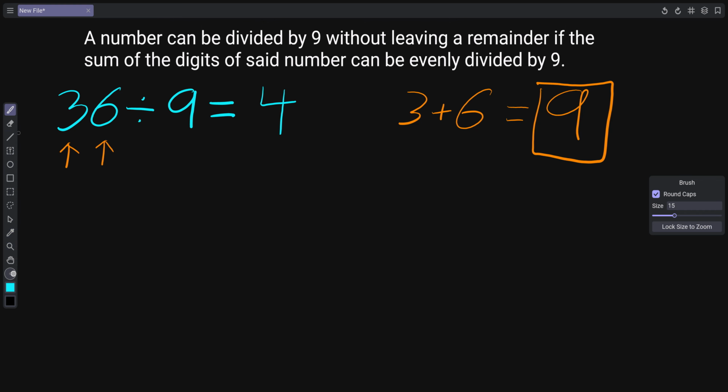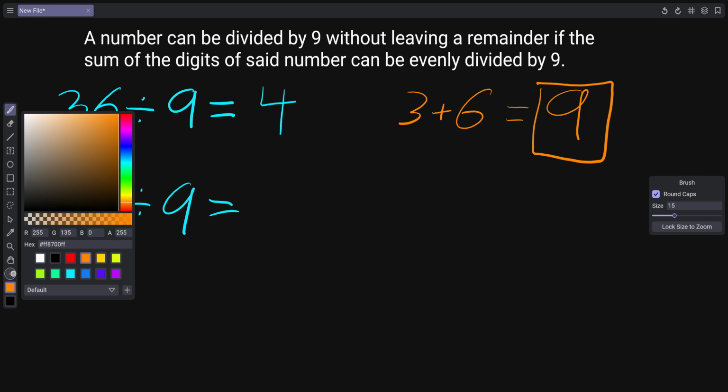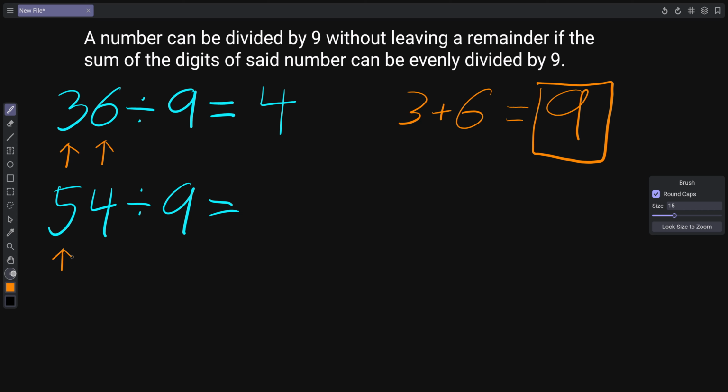Now I'd like to go into another example. Look at 54. Is this evenly divisible by 9? Well, we'll do the same thing. We'll look at the two digits. We have 5 and 4. Let's try adding these together. So we do 5 plus 4.